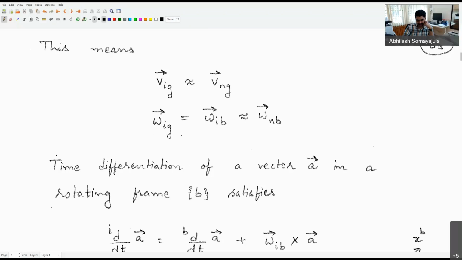Notice here that there is a change. What's happening here? The angular velocity of the body about an axis passing through the center of gravity is equal to the angular velocity of the body about an axis passing through the origin of the BCS. Is this making sense?